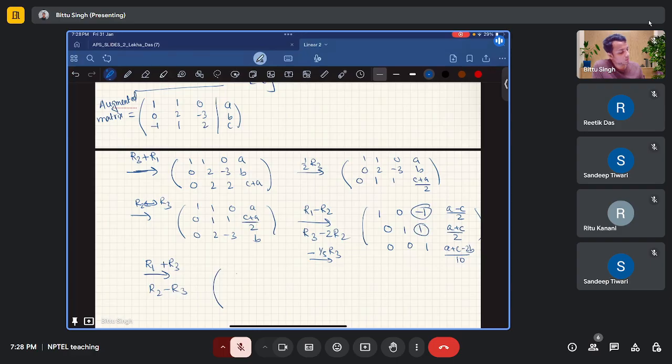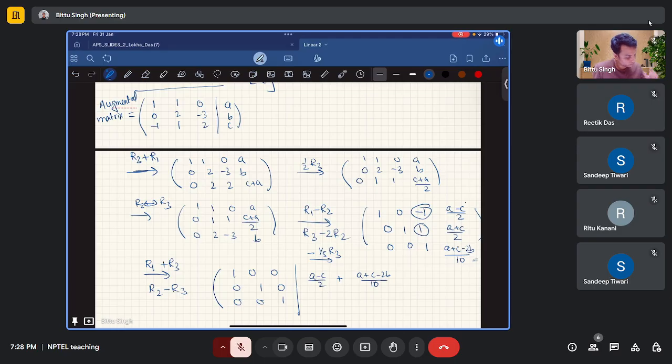So this becomes the identity matrix 1 0 0, 0 1 0, 0 0 1. But the last column becomes R1 plus R3, that is this plus this, which is a minus c by 2 plus a plus c minus 2b by 10.